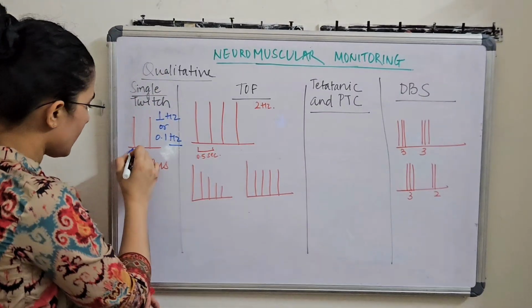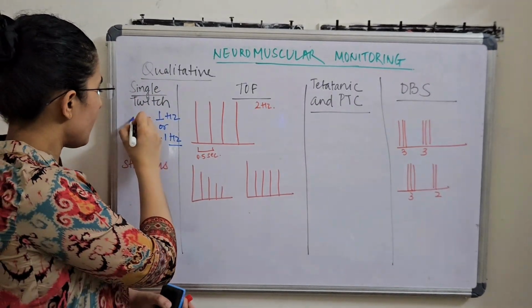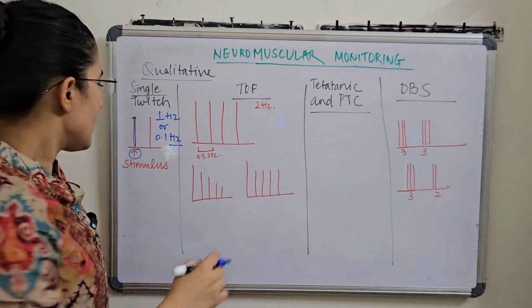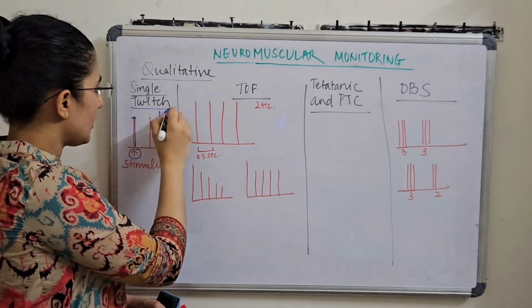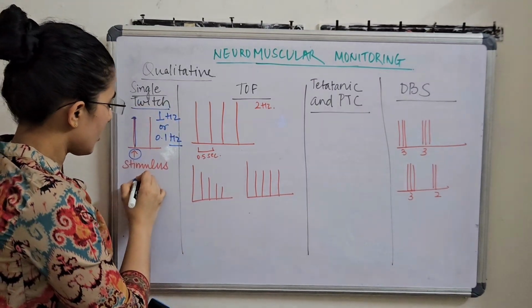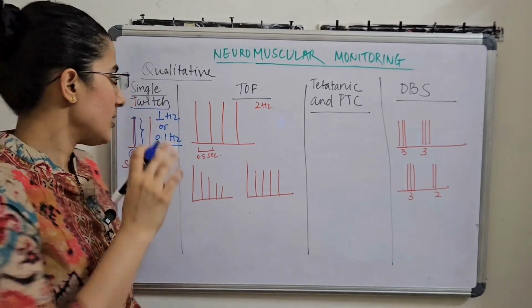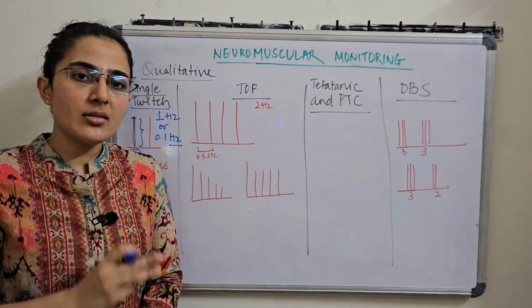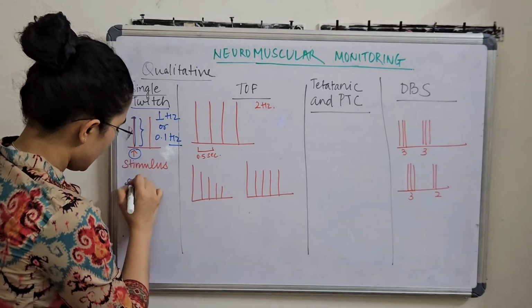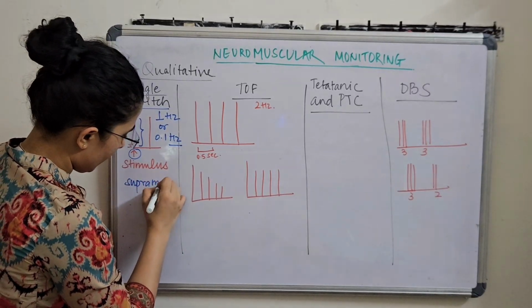So whenever a stimulus is provided, we will have a single twitch. This is called the single twitch, and in this kind of stimulus there is a fixed amplitude. It is used for identifying the supramaximal stimulus.